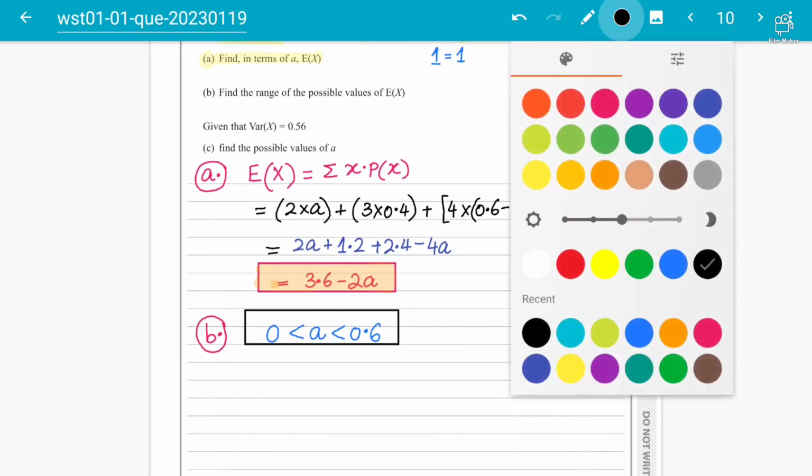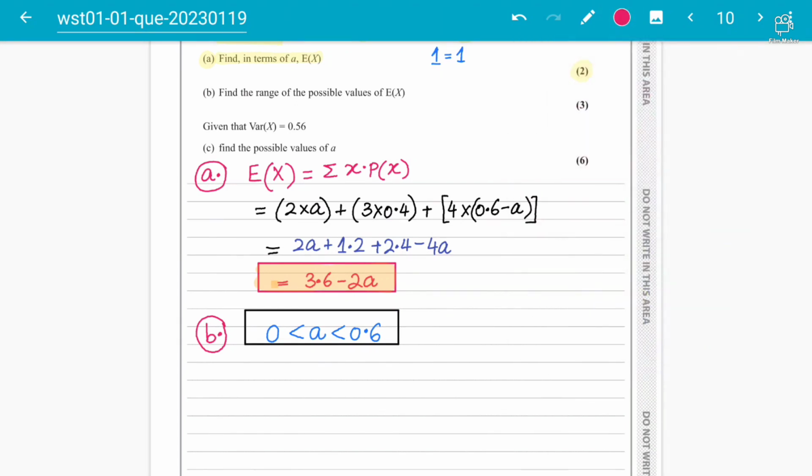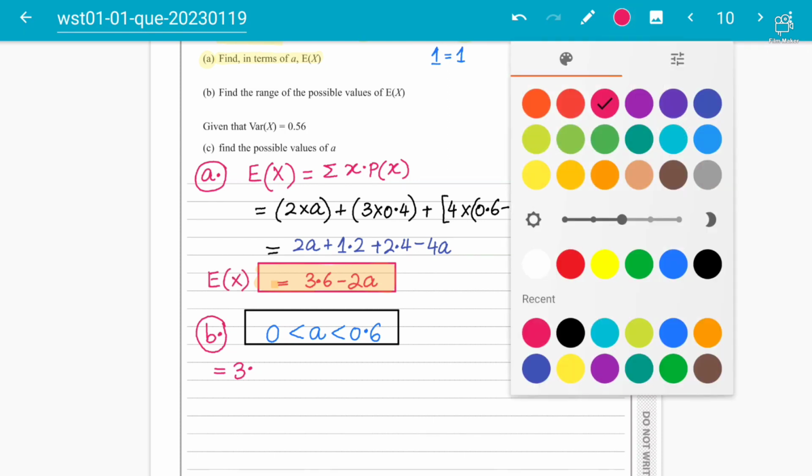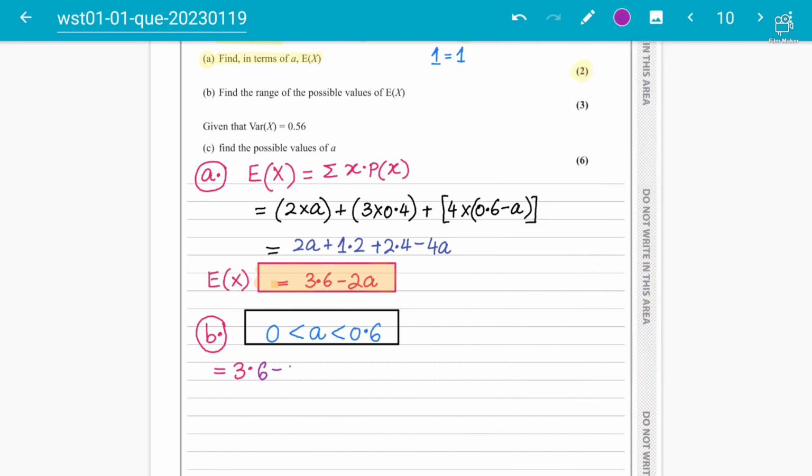So for the mean values, you can just plug in the value here, that 3.6, because this is the mean function, right, students? So you can say, in the purple color, 3.6 minus 2 times 0. So it will be 3.6, and 3.6 minus 2 times 0.6 is going to give me the value 2.4.